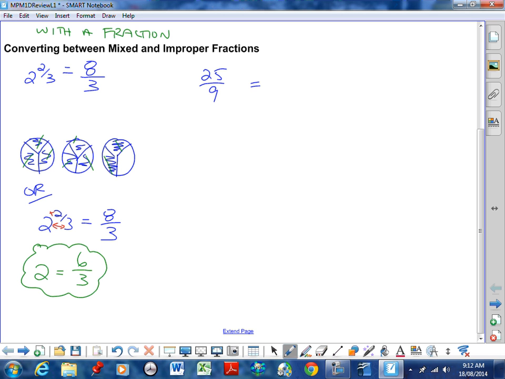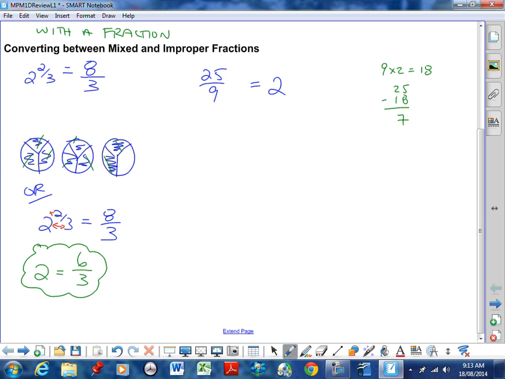We figure out how many times 9 will divide into 25 evenly. 9 times 1 is 9, 9 times 2 is 18, 9 times 3 is 27. So we only go up to 2 there. How much is left over? 9 times 2 is 18 pieces, so 25 minus 18 leaves me with 7 pieces left over.